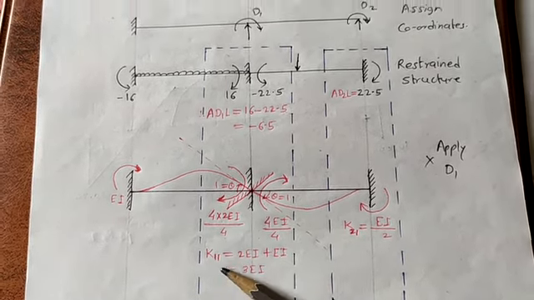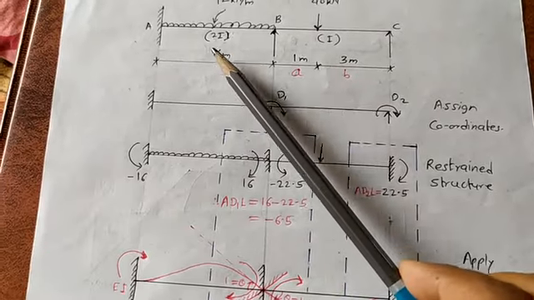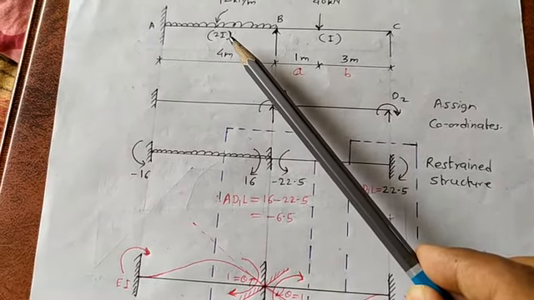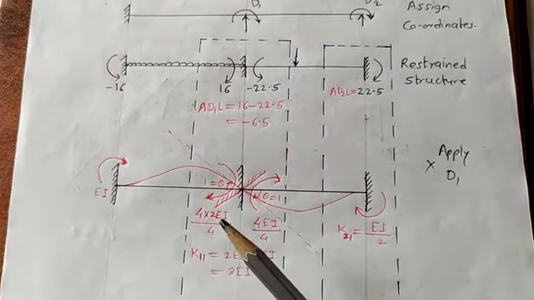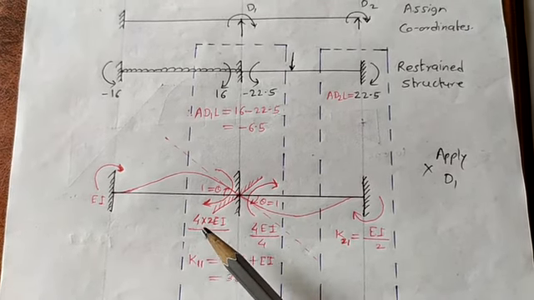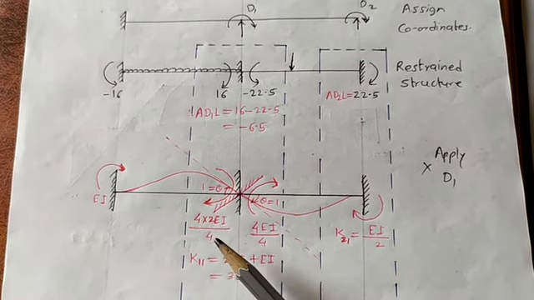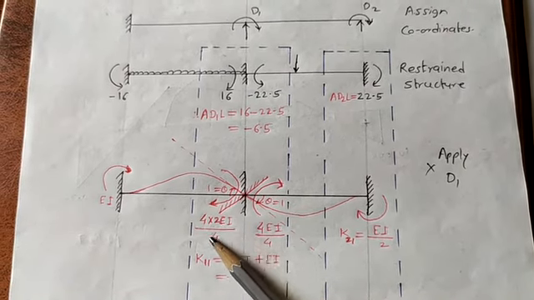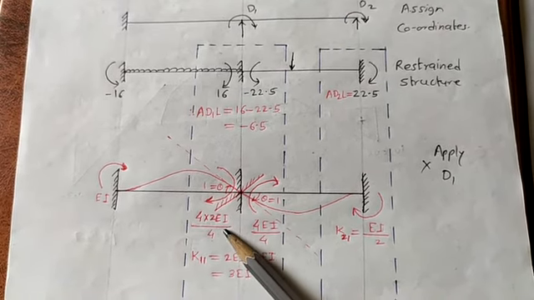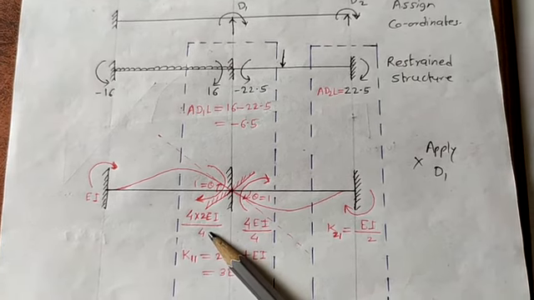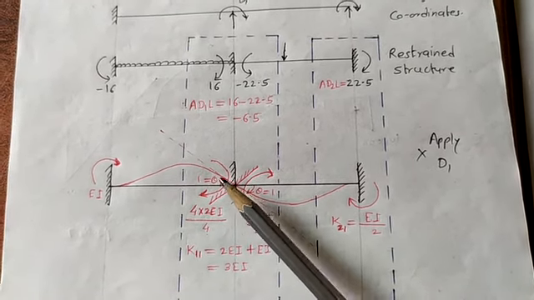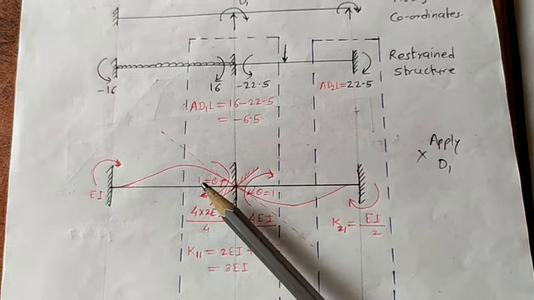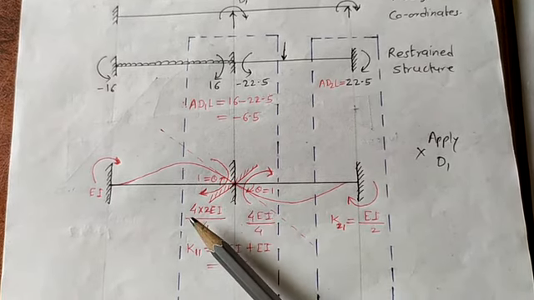But remember, for the AB portion, EI equals 2 EI. That's why I have taken 4 into 2 EI upon L. L for span AB is 4 meter. So this is the moment 4 EI by L required to be applied at joint B to get theta equals 1.